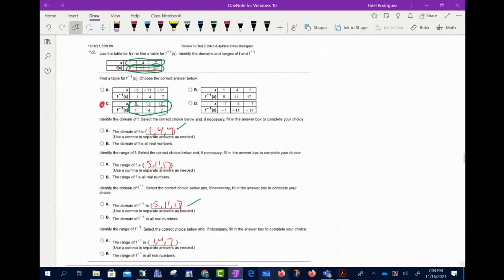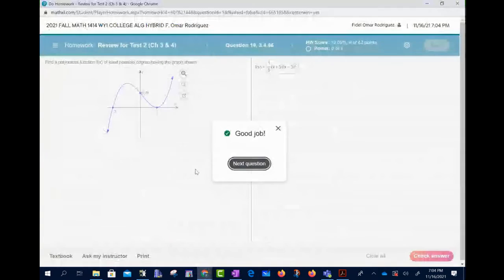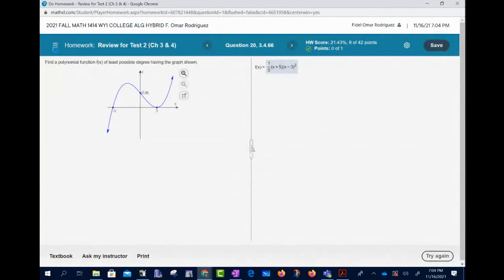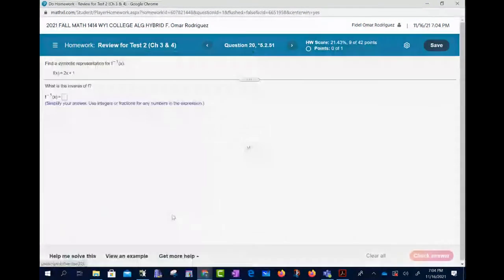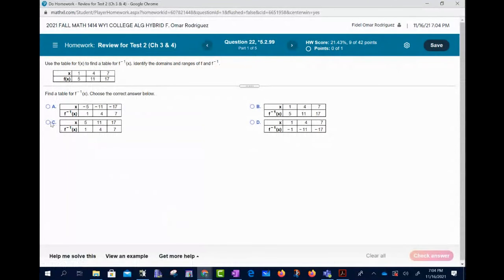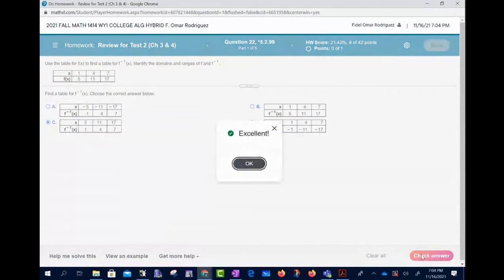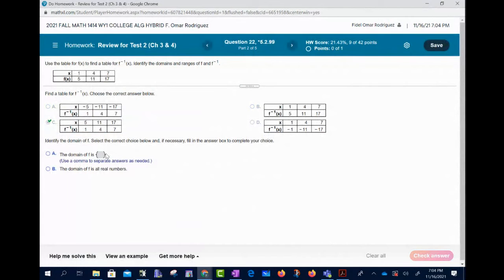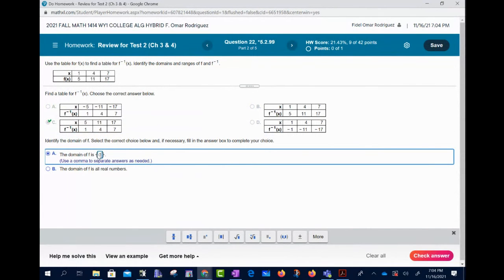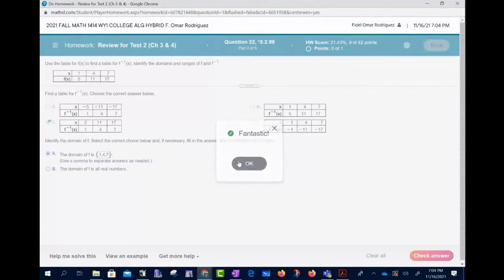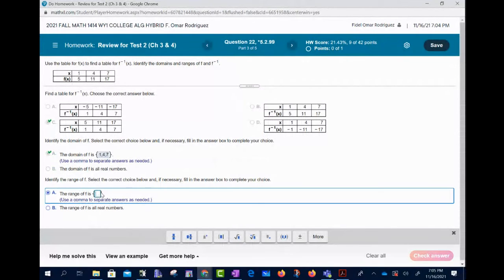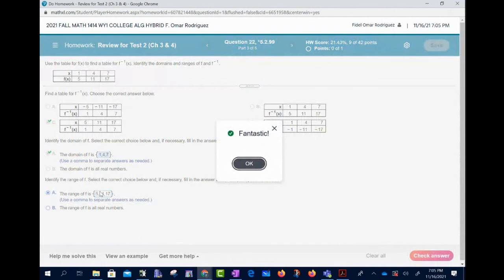So this was number, which one? 23? 22. So if I come back over here, y'all, and I say, look, let's go to 22. So we chose C. There we go. And then we said, what was the domain of the first one? We said it was 1, 4, and 7. Okay. And then what was the range of the first one? We said it was 5, 11, and 17.